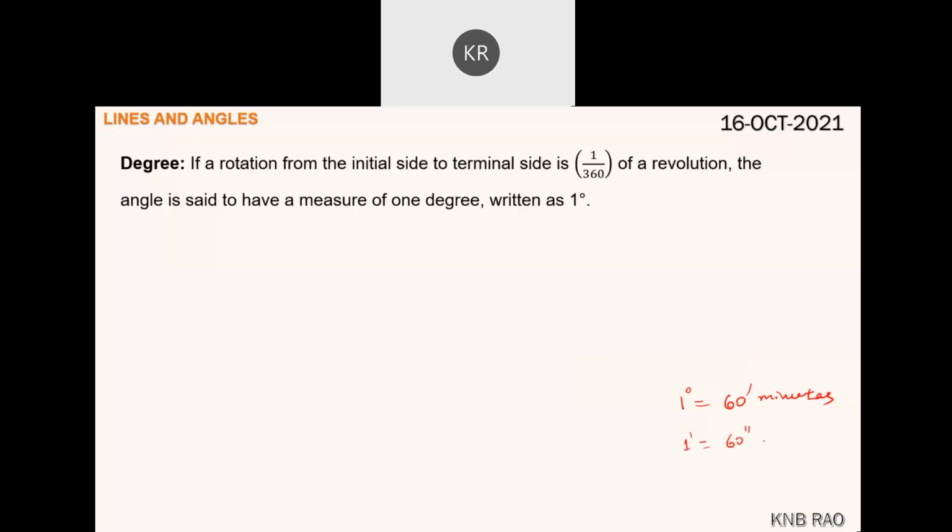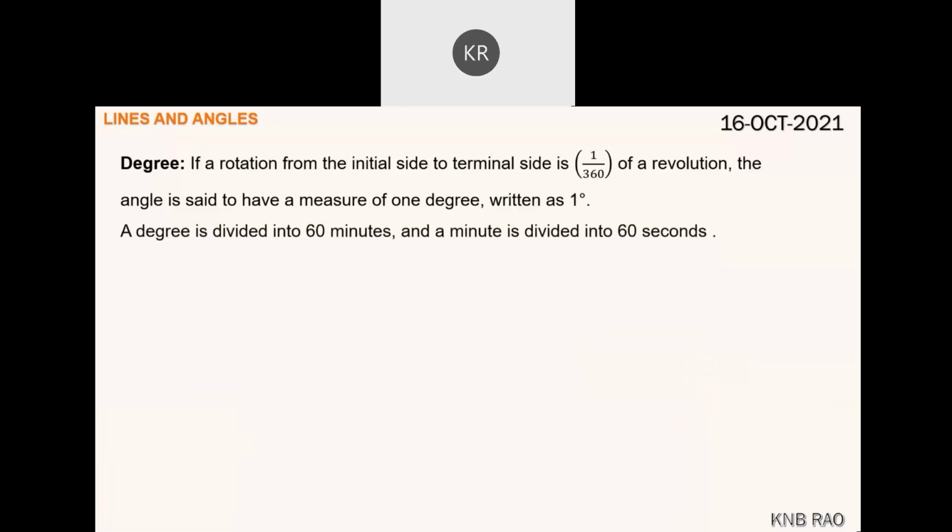So an angle also has parts, just as 1 rupee is divided into 100 paise. Similarly, 1 degree is divided into 60 minutes, and 1 minute is further divided into 60 seconds. These are the parts of angles.